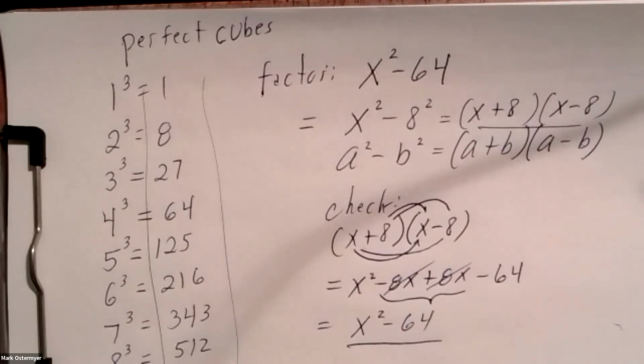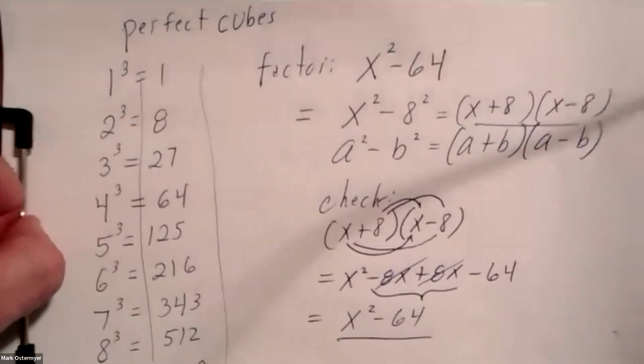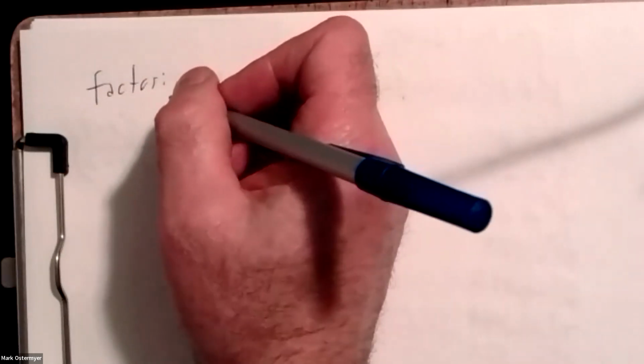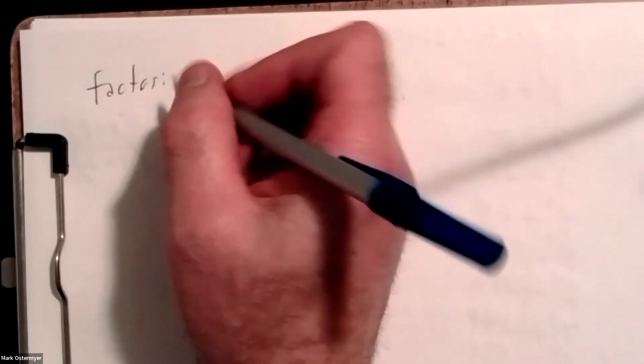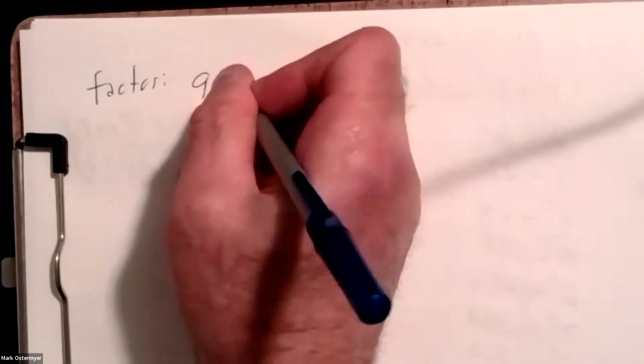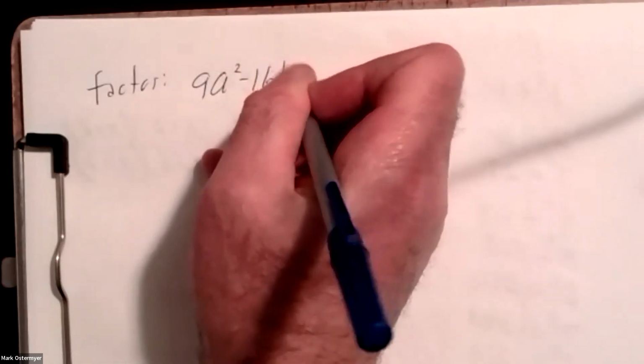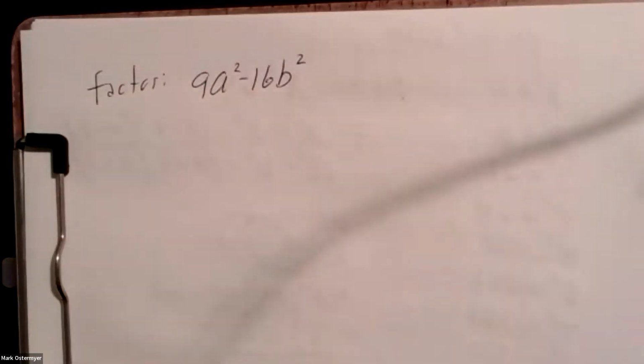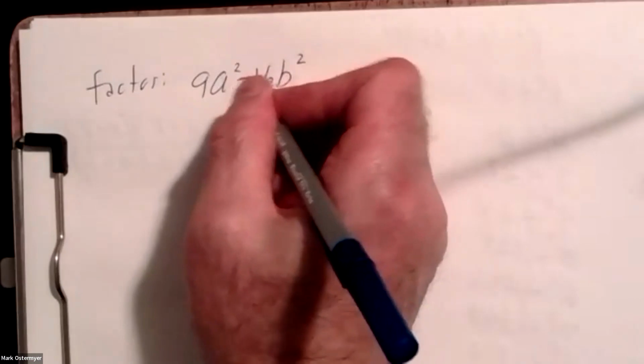All right, let's try another one here. Difference between squares. Try to factor 9a squared minus 16b squared. Might we have the difference between perfect squares?